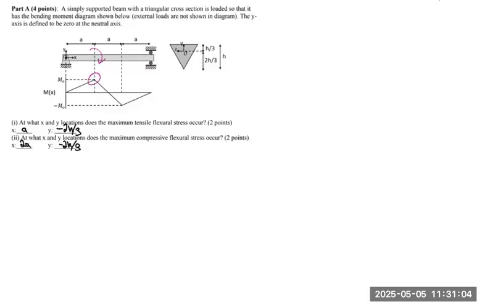So I guess the best way to see what this really means is to draw the diagram for the cross section at A and at 2A. So at A, the location of the centroid is at this location over here.